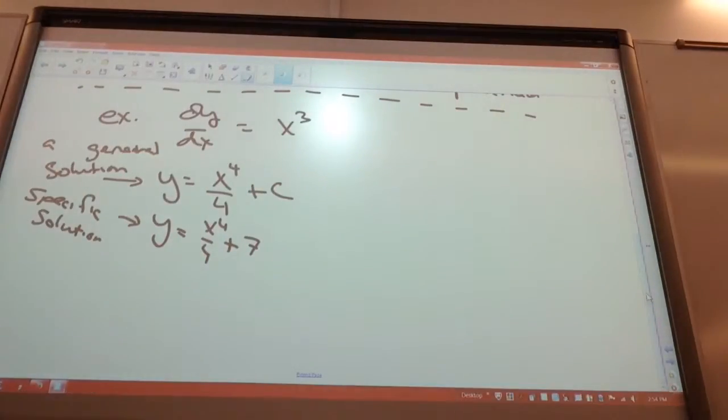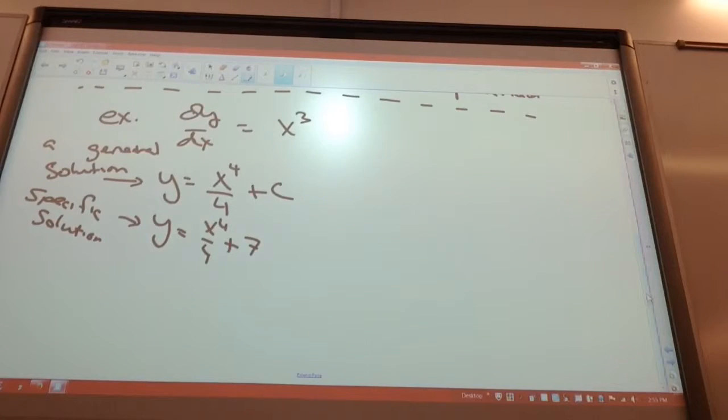How would you get that specific solution? Various ways. You could be given conditions in the problem that let you solve for it. You could be told that the constant on the end is 7. There are lots of different ways. From just x cubed alone, you're not going to be able to figure that out, but it's a possible solution, one that's specific because 7 is given to us.